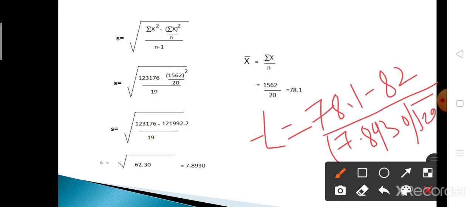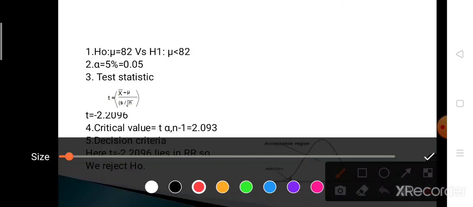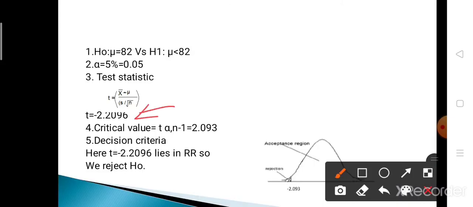N is 20. So 78.1 minus 82 divided by 7.8930 over square root of 20. The value is minus 2.2096.